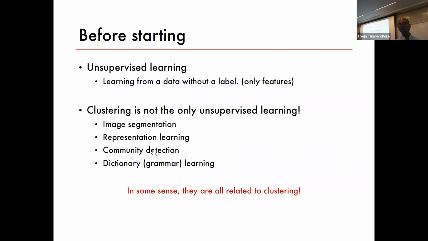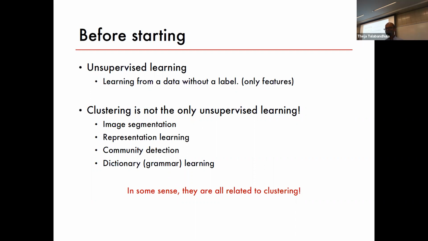Community detection is a problem in social network analysis. So if you have a network, you want to detect communities. It has a close relationship to clustering, but it's not exactly a clustering problem. Similarly, there are other problems, dictionary learning and so on. There are many names for different types of problems, but many of them are not exactly supervised learning, and they don't need a supervised signal. I mean, including HMMs. HMMs don't need a supervised signal. Okay.